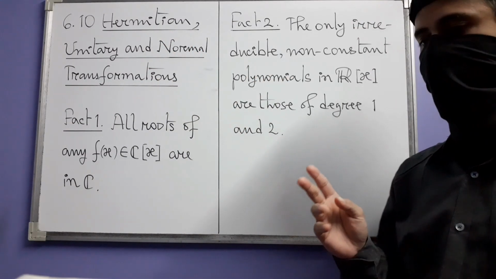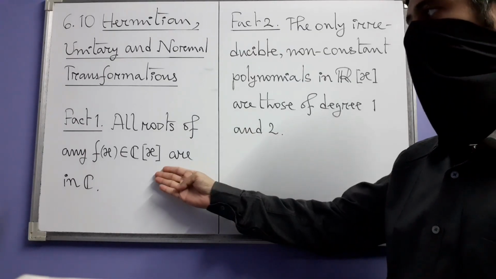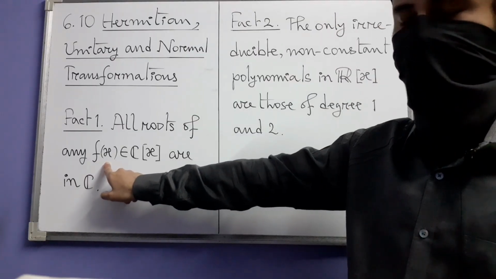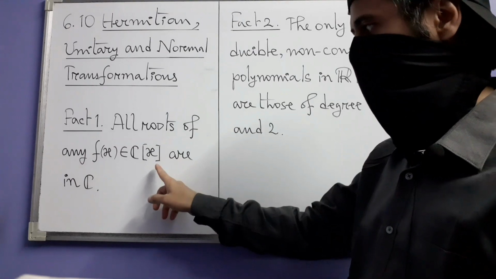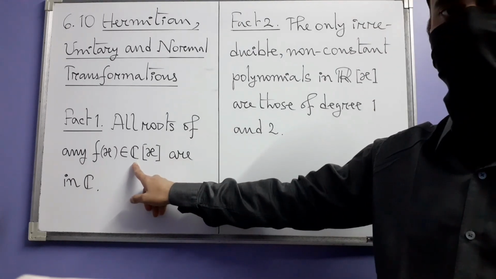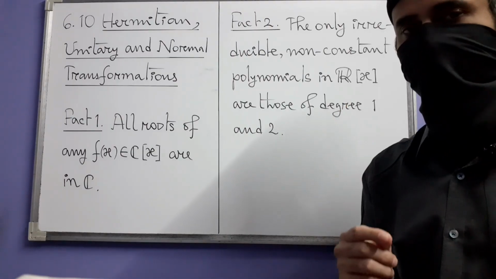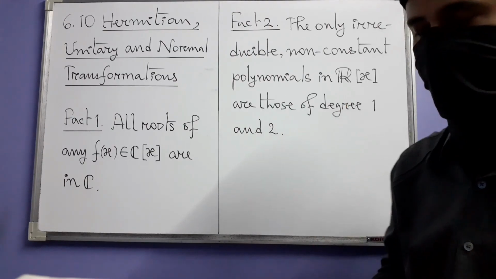We are going to use two facts in this section without proof. The first one is this: all roots of a polynomial f(x) coming from this ring. What is this ring? This is the ring of all polynomials over the field of complex numbers. That means here we are having those polynomials which have all their coefficients complex numbers.